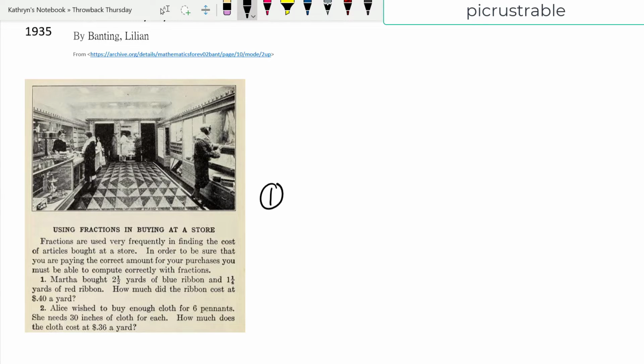Martha bought some blue ribbon. I'm just going to write blue for our blue ribbon. She purchased 2 1/2 yards. Then she purchased some red ribbon, 1 1/4 yard. And each yard equals 40 cents.